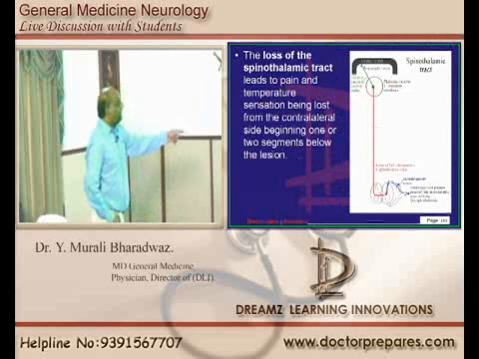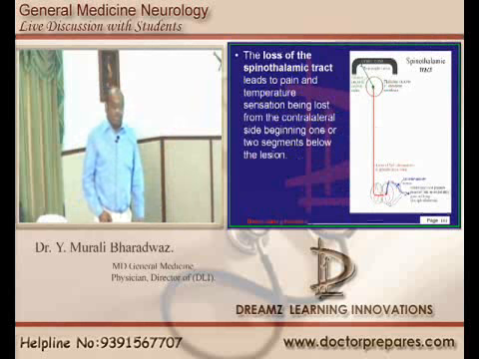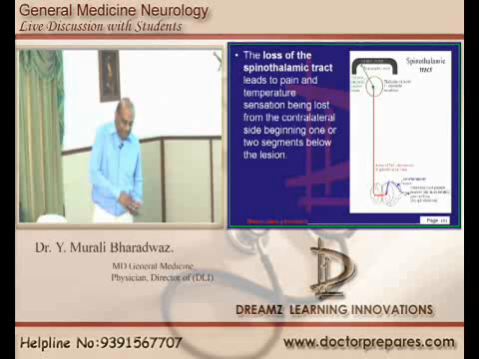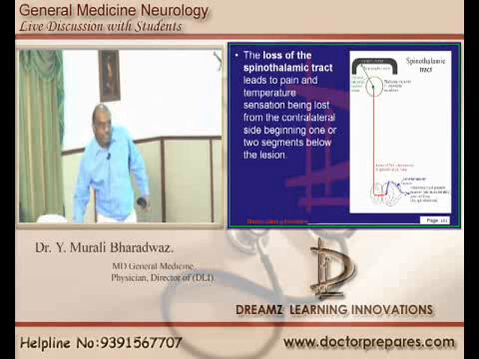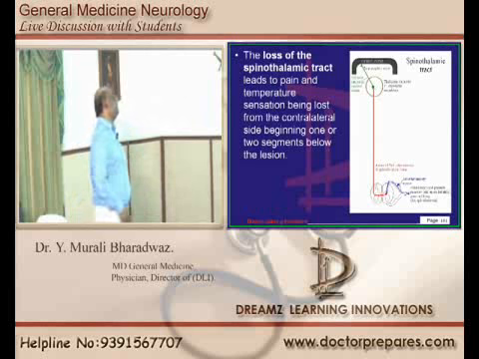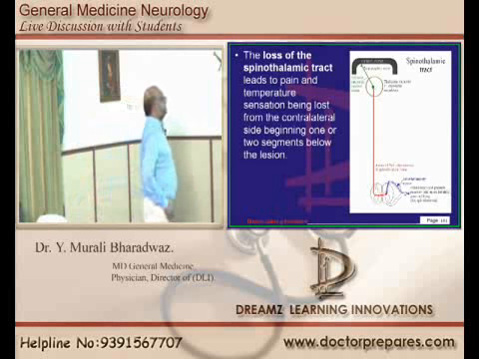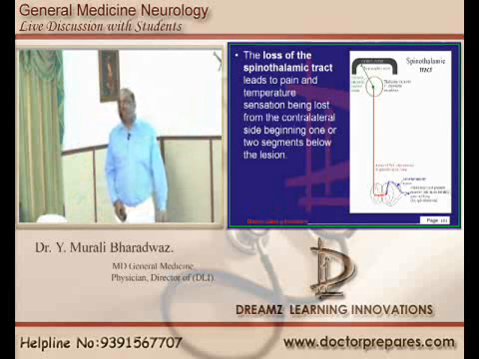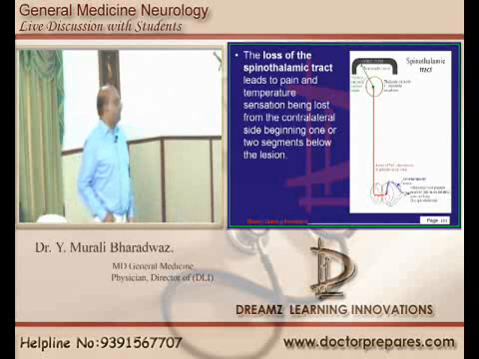But how is the spinothalamic tract? It already crossed and is coming up. So if you transect at this level, the spinothalamic tract is bringing the pain fibers from the opposite side. Hence contralateral pain and temperature typically will be lost. So that is what you call Brown-Sequard syndrome.